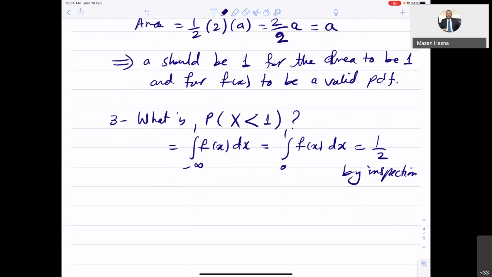Let's do the other way of characterizing the continuous random variable, which is the capital F of x, the cumulative distribution function.